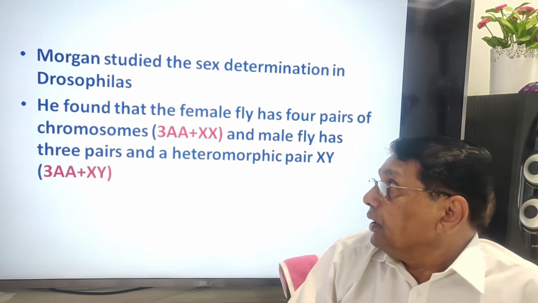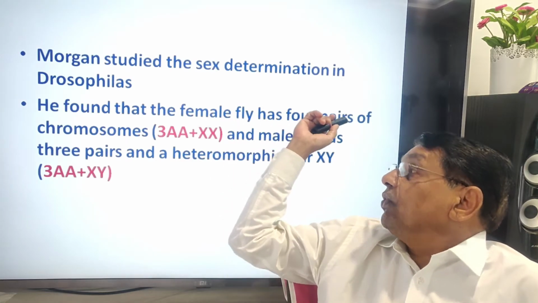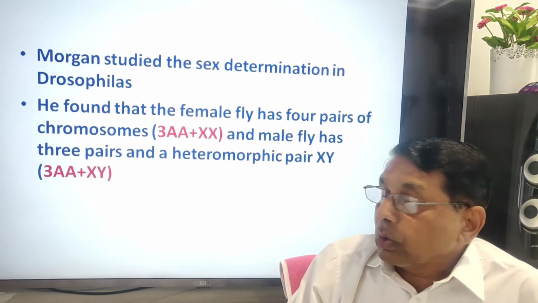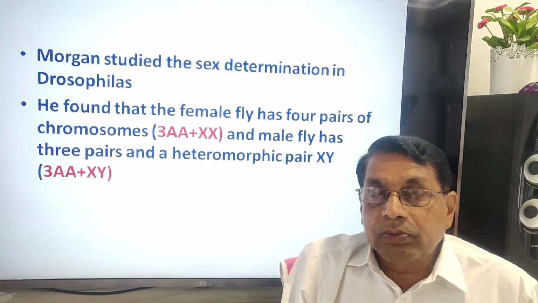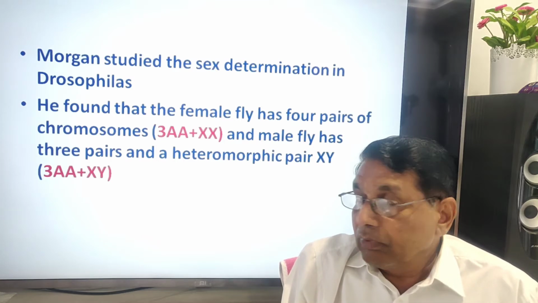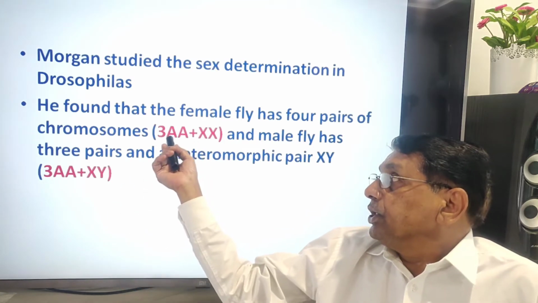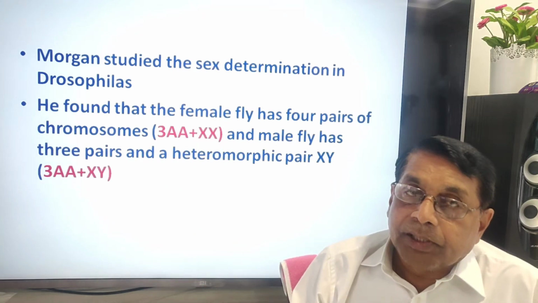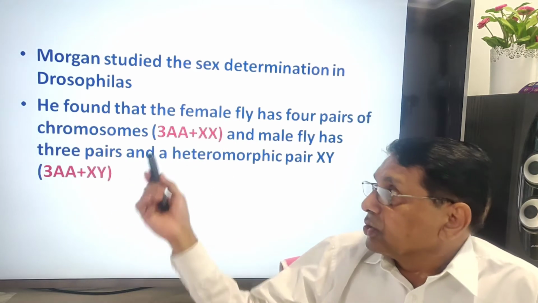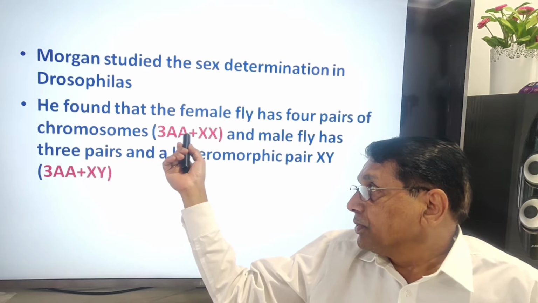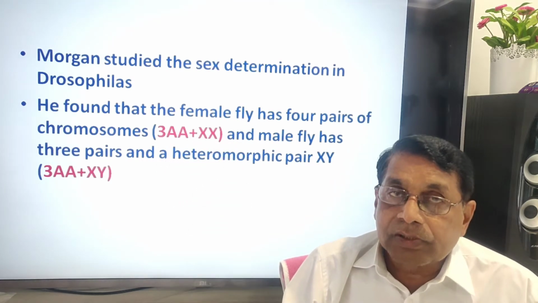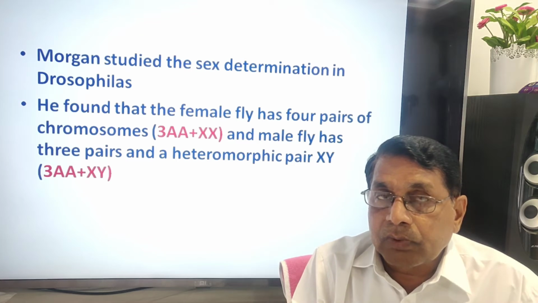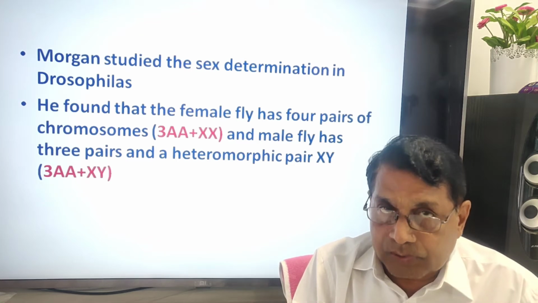He found that the female fly has 4 pairs of chromosomes, 8 chromosomes: 3 pairs of autosomes, A for autosomes, plus XX.